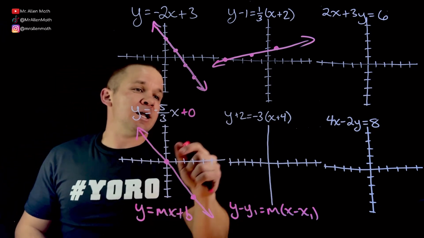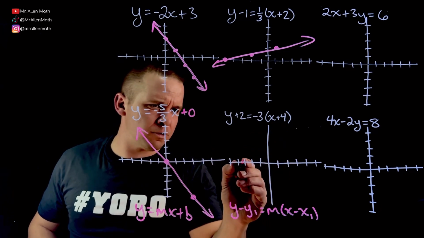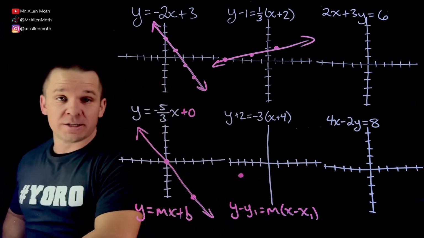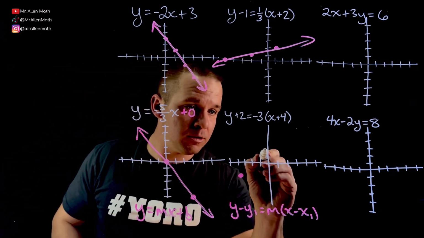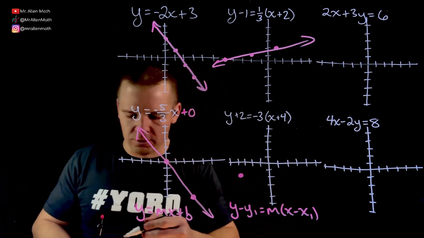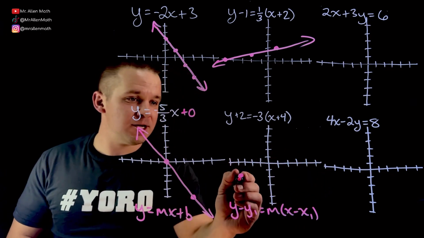Next one, I've got myself -4 and -2. So 1, 2, 3, 4, -4 and -1. Uh-oh, I don't have a y scale here. One sec, one moment, please. My goodness. 1, 2, 3, 4, 5. Okay, cool. Boom. Near disaster. So we're at -4, -2.